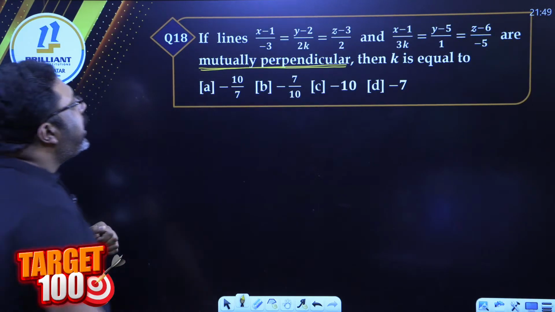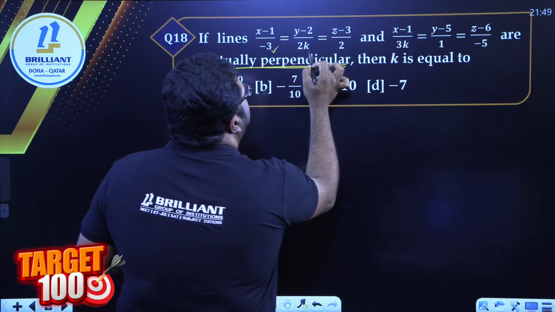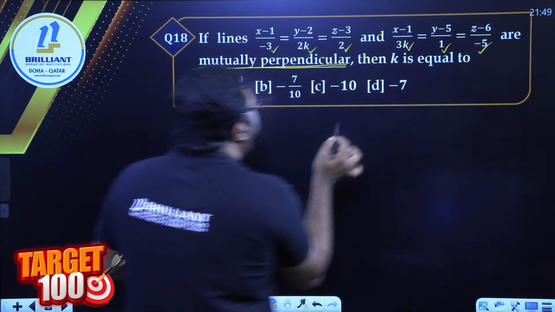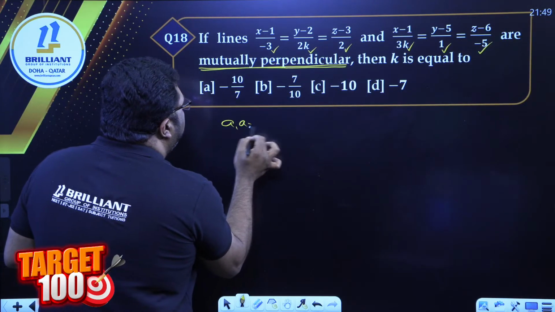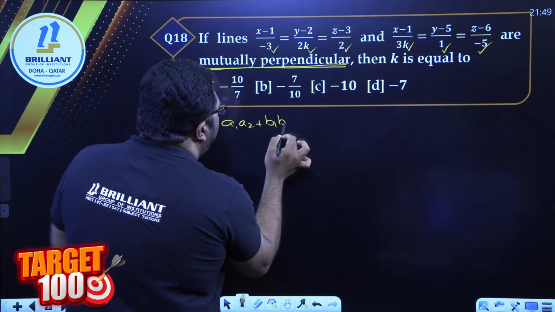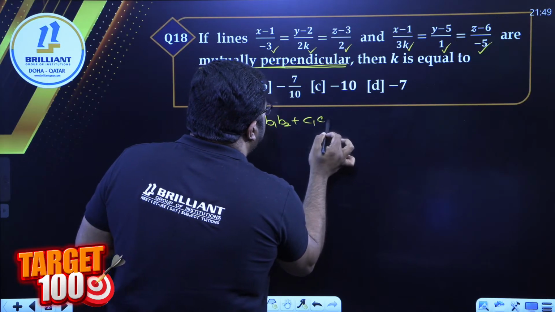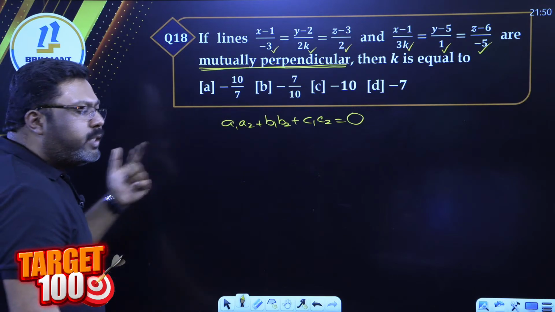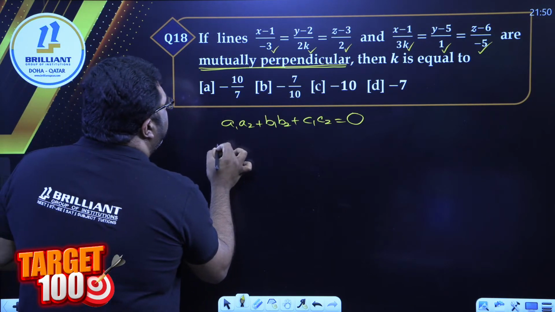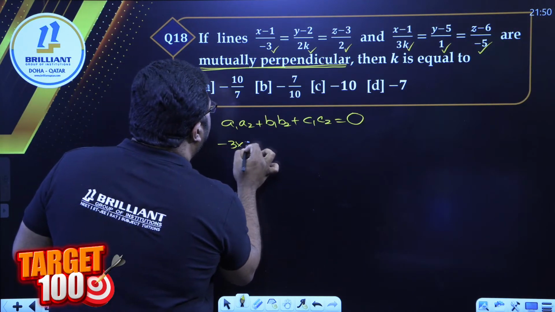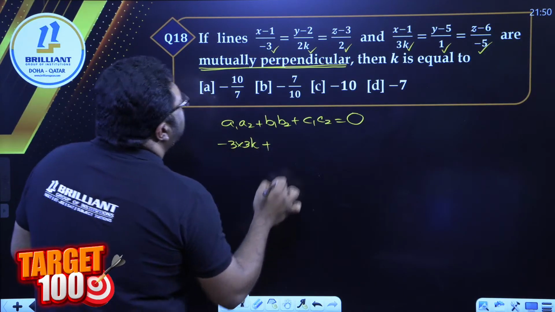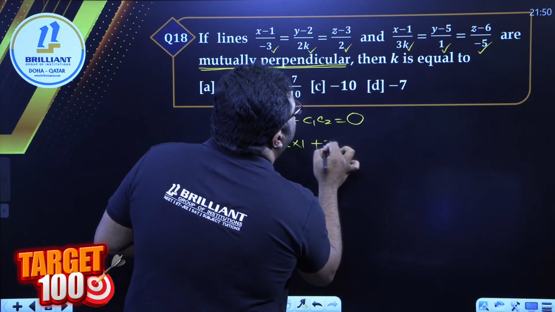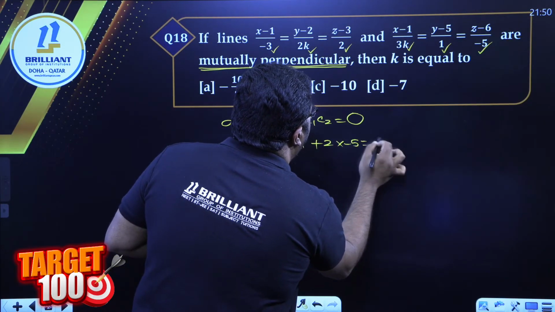Mutually perpendicular means the direction ratios multiplied and added: A1 A2 plus B1 B2 plus C1 C2 equal to 0. Now please multiply it. Minus 3 into 3k, 2k into 1, 2 into minus 5.